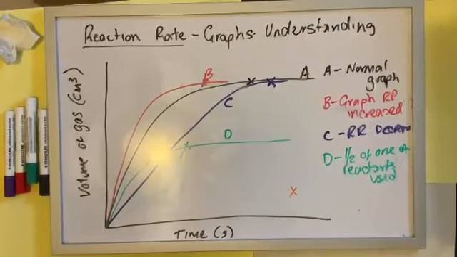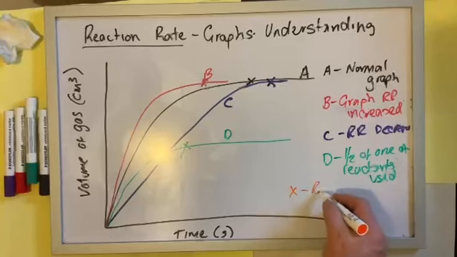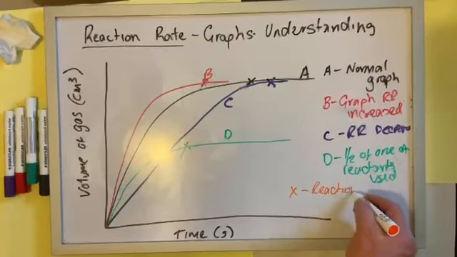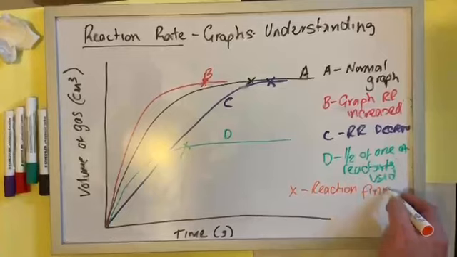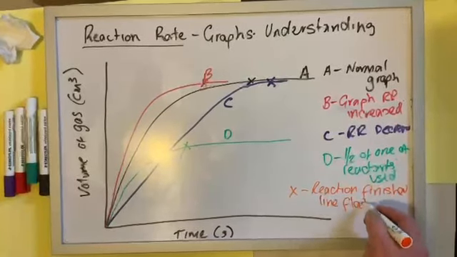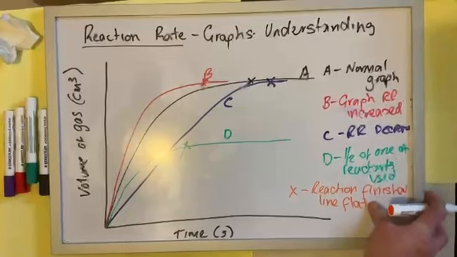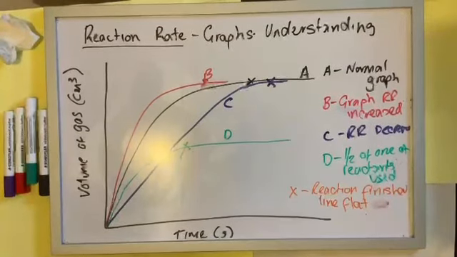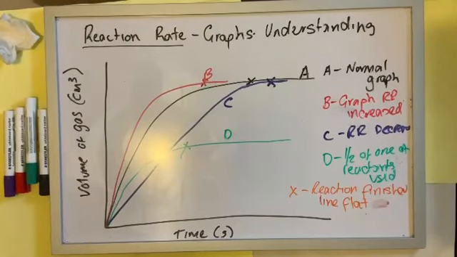It does not finish at the end of the line, it finishes when the line goes flat. If you notice, A, B and C all make the same amount of material as well. It's just the speed that the material is made at where we get a difference.